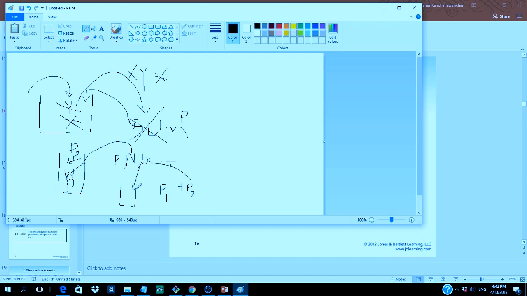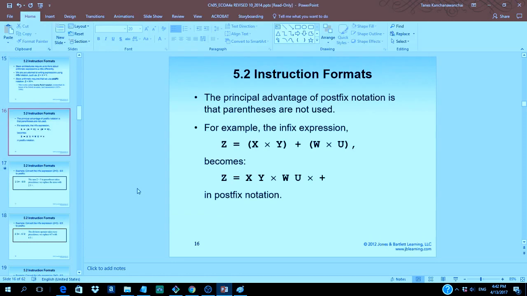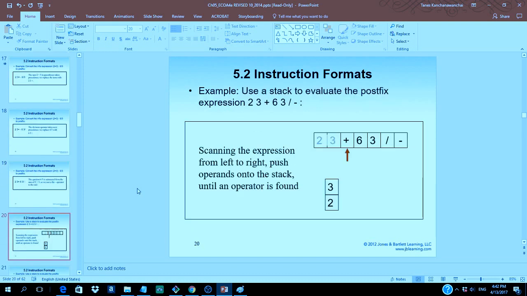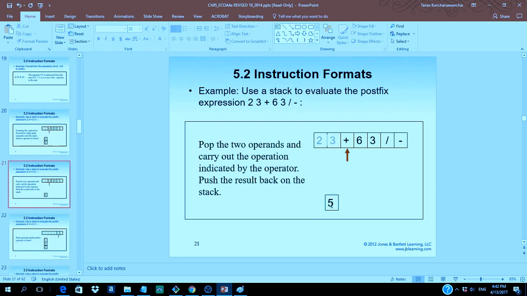So this is stack architecture. Make sense? Okay. That's just an example with the numbers. You push 2 and 3, you see the operator, then you pop 2 and 3, find the sum, get 5, and push that back.